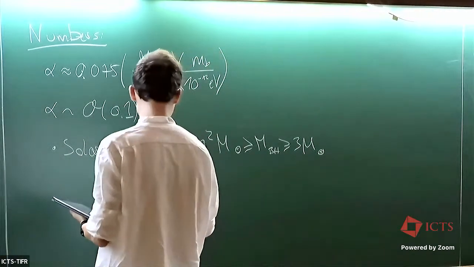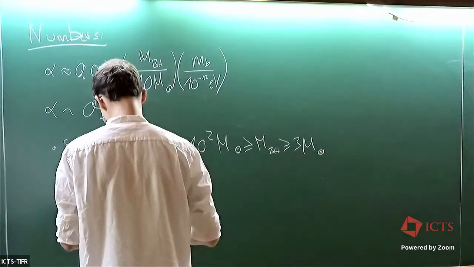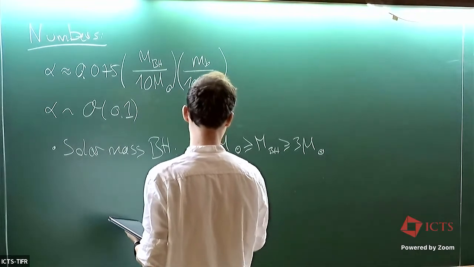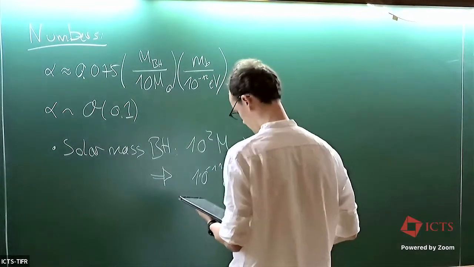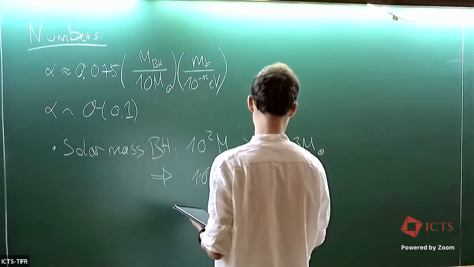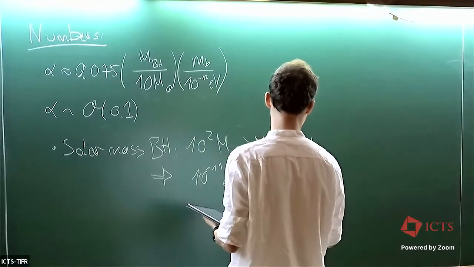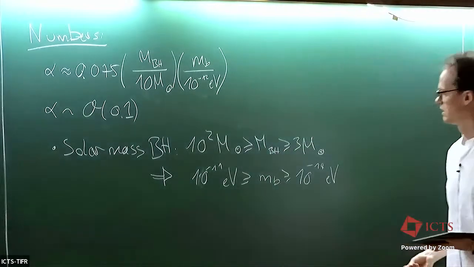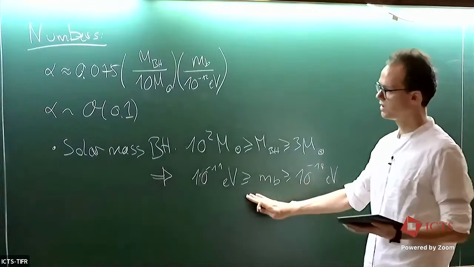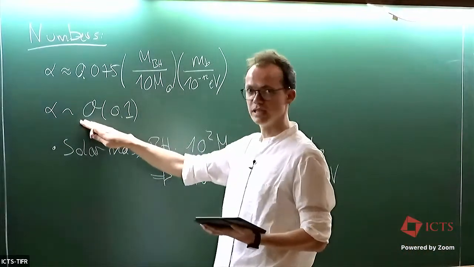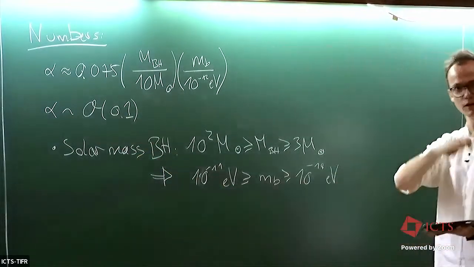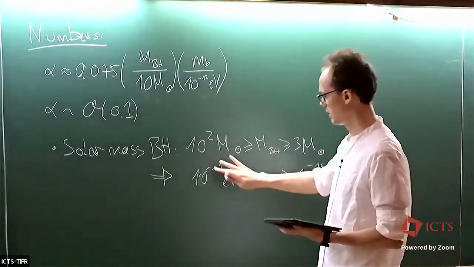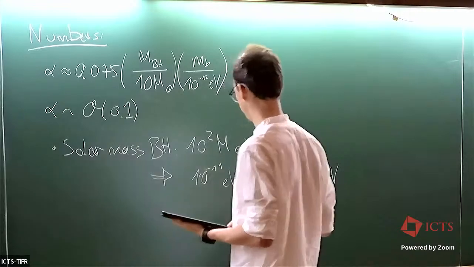And this corresponds to a boson mass of somewhere between 10 to the minus 11 electron volts and 10 to the minus 14 electron volts. Of course, this is only roughly true because we don't need alpha to be exactly one number. It can be a range of numbers, so this is only a rough estimate.